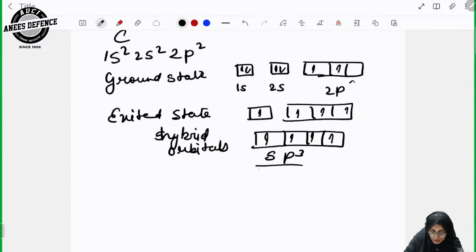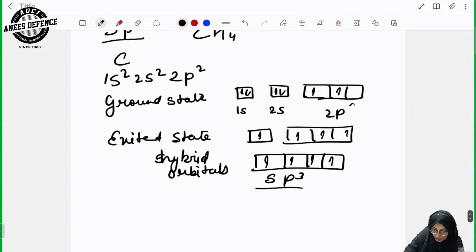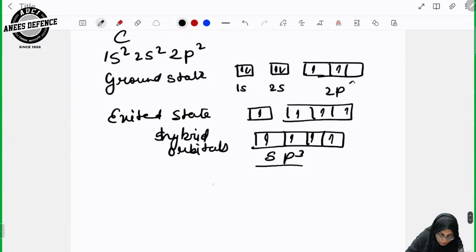Each of these sp3 hybrid orbitals with one electron overlaps axially with one s orbital of a hydrogen atom. In CH4, every half-filled orbital of carbon pairs with a hydrogen atom, and this way they form the tetrahedral geometry.